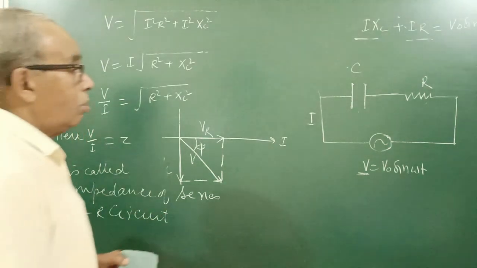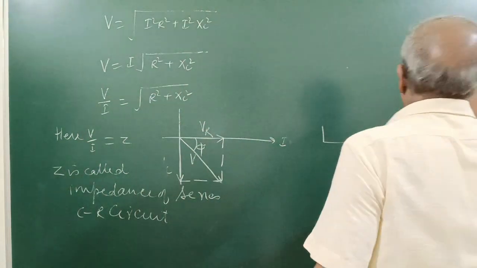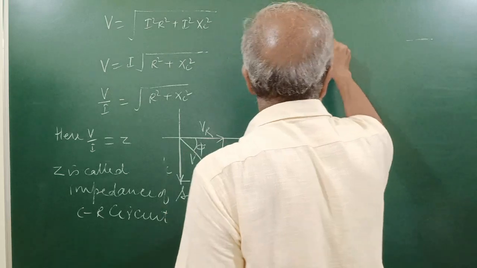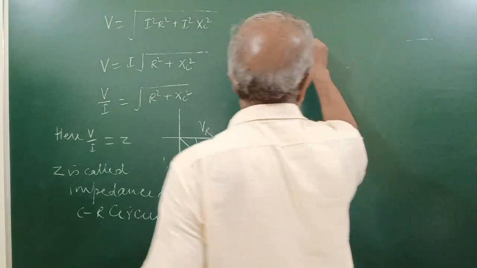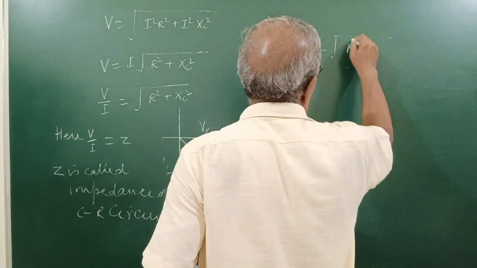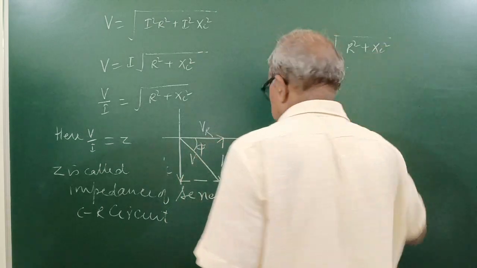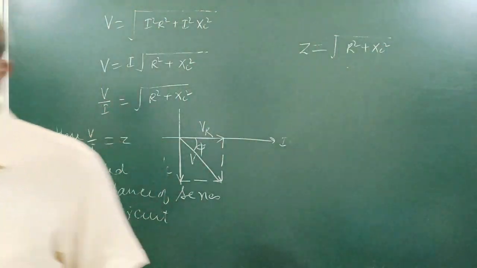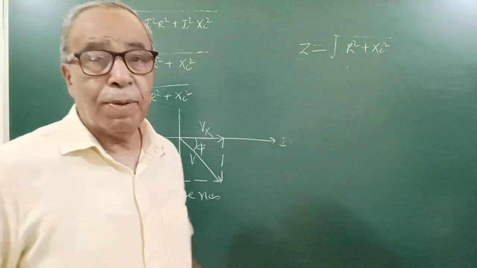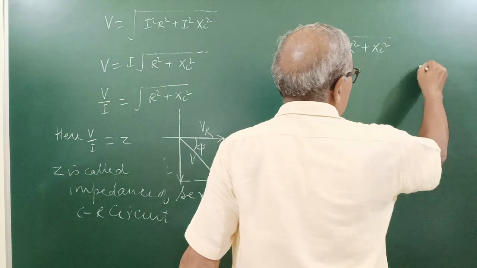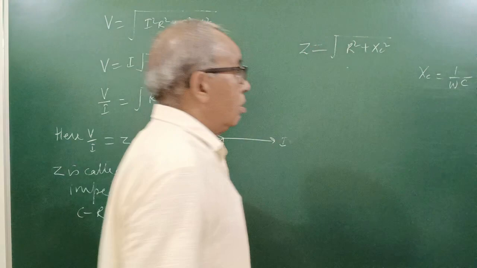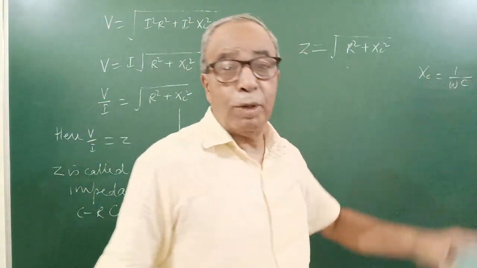And so here Z is equal to under root R square plus XC square. And you know XC is equal to 1 upon omega C. Do a good practice of calculation of XC.